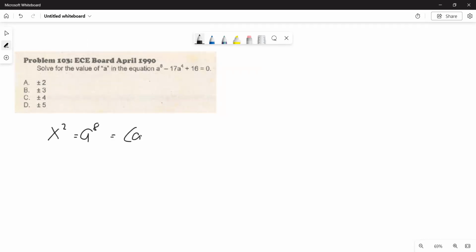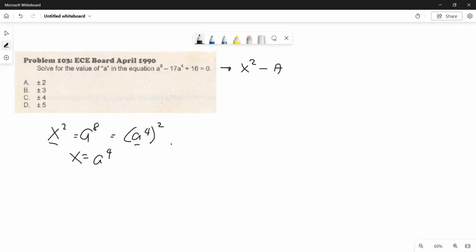It is just like a to the 4 squared. So we know that x is equal to a to the 4. You can assume that x is equal to a to the 4. So we can write a to the 8 as x squared.